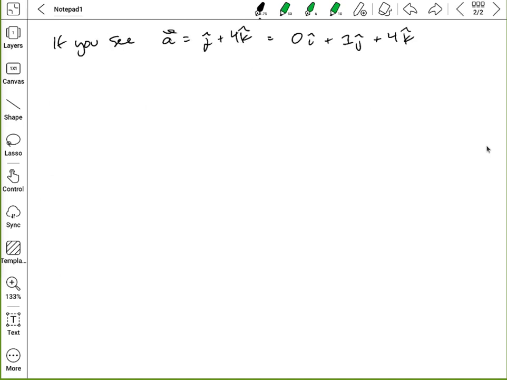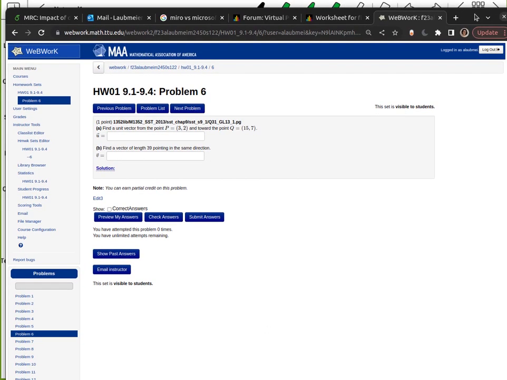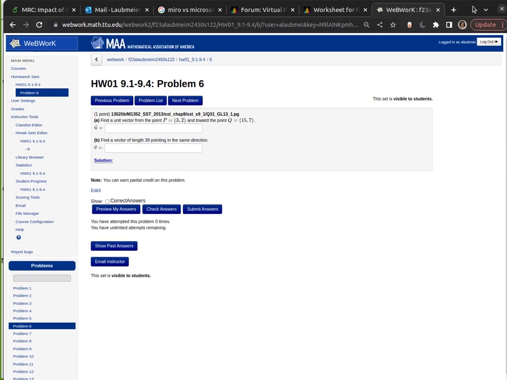So problem 6 is going to be using that unit vector definition. I'm just going to steal the numbers from my web work right here real quick. So my point P is equal to 3, 2, and Q is equal to 15, 7.